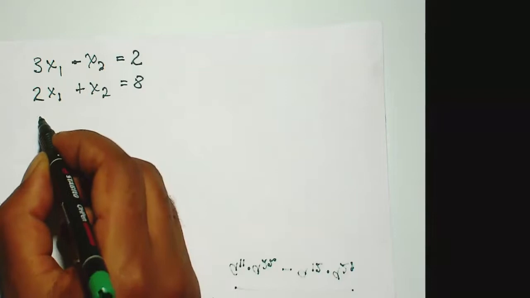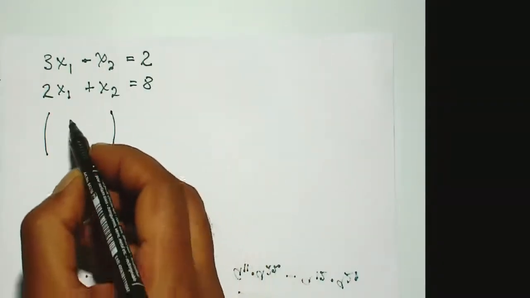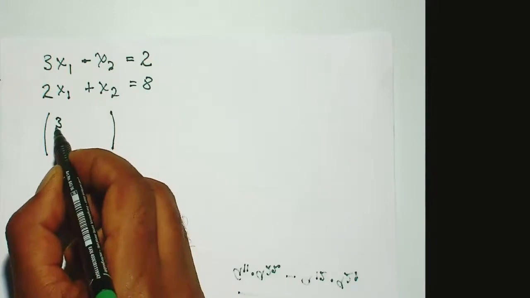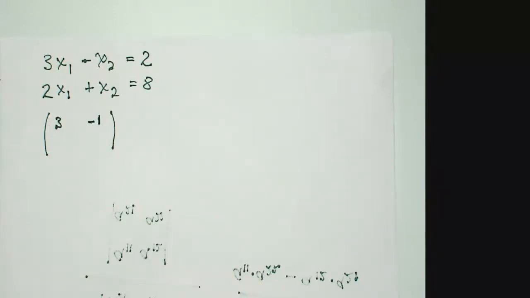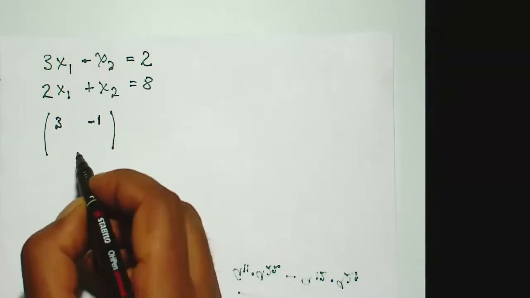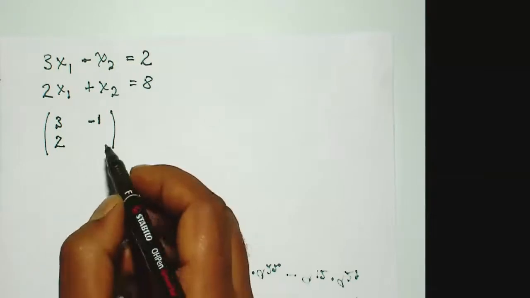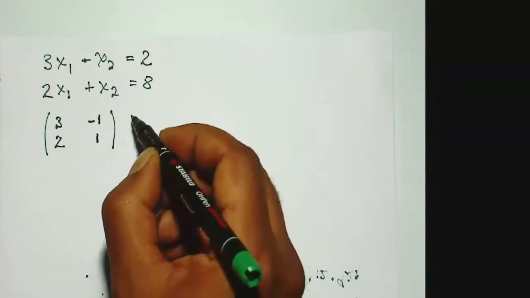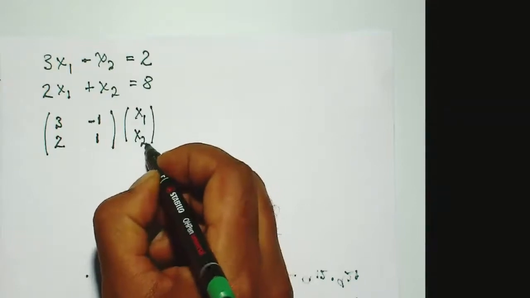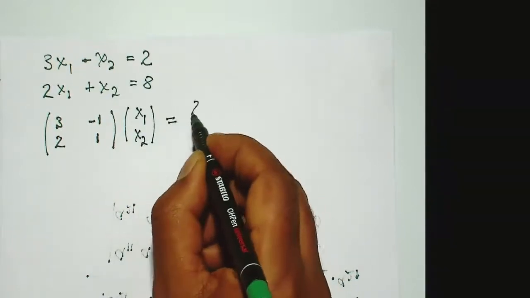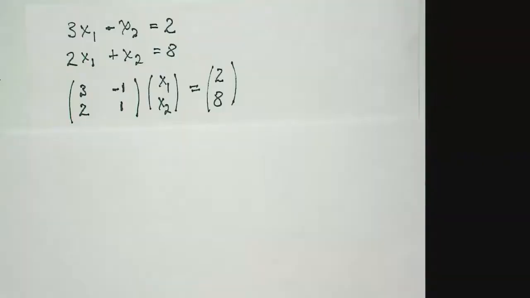So the first thing you have to do is put a matrix representation of all the coefficients here. So I would have 3 and minus 1 as the coefficients of x1 and x2 for the first equation. For the second equation, the coefficient of x1 is 2, and the coefficient of x2 is 1. Here I would have x1 and x2 as a matrix, which would give me another matrix of 2 and 8.